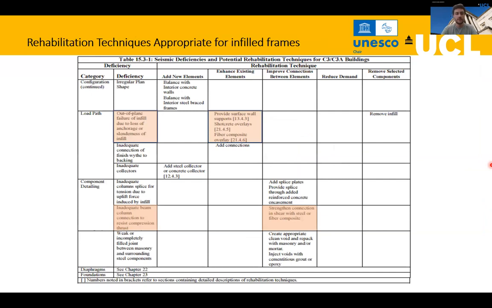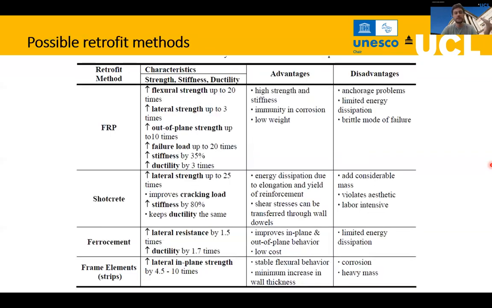Here there are other rehabilitation techniques when the problems are load paths and component detailing, and you can see that there are different possible ways of implementing this type of retrofitting.